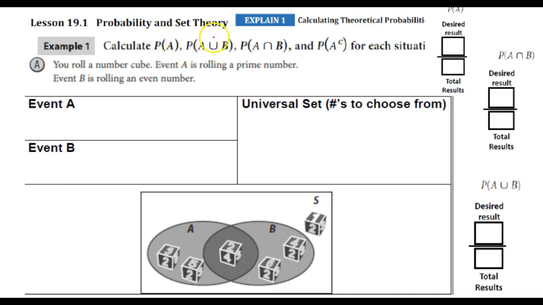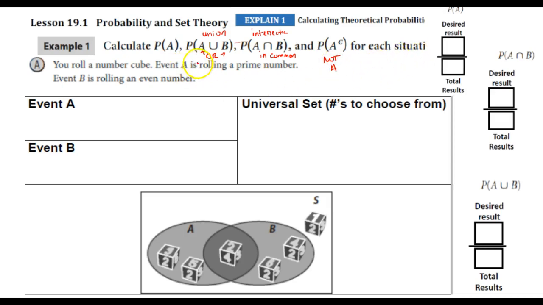Just to review some of the vocabulary, this is the union versus the intersection of A and B. Remember, the intersection is what they have in common. The union could be in either A or B. And this is, of course, everything that's not A.